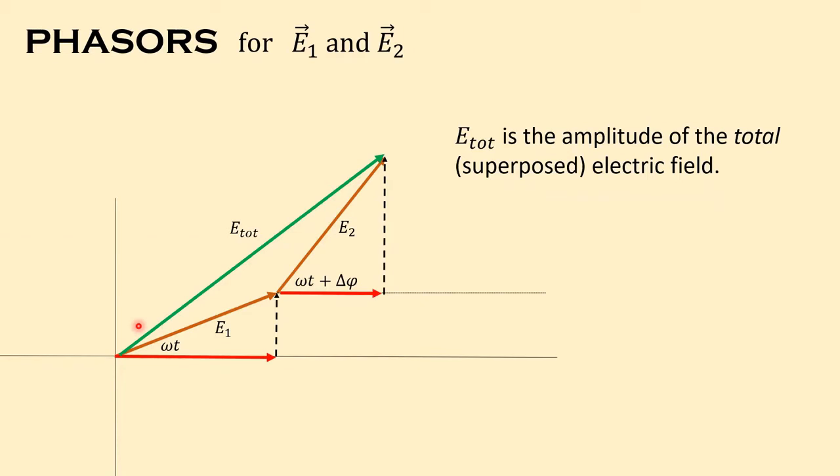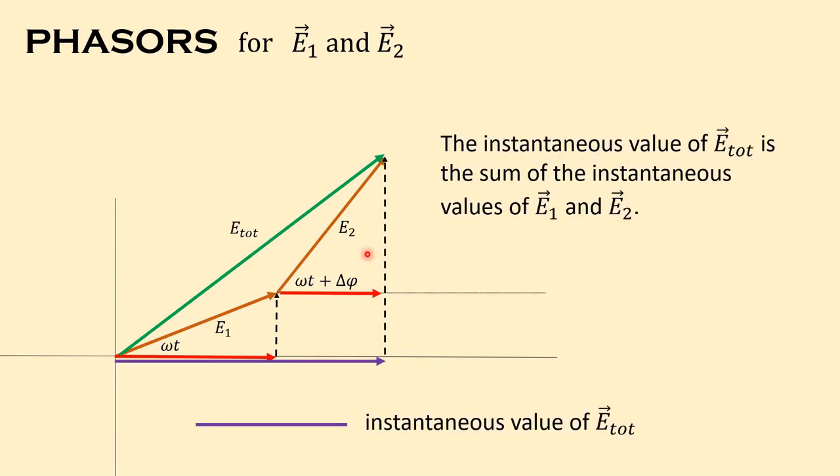Well, how do we get from this picture the value of the total electric field at that moment in time? Not the phasor, but the actual physical electric field. It works the same way that it works for the individual phasors. We just take the projection. So look at this green vector representing the total phasor and take its projection onto the horizontal axis. That's this purple arrow here. That's the value of the instantaneous electric field. And remember, what direction does this point?